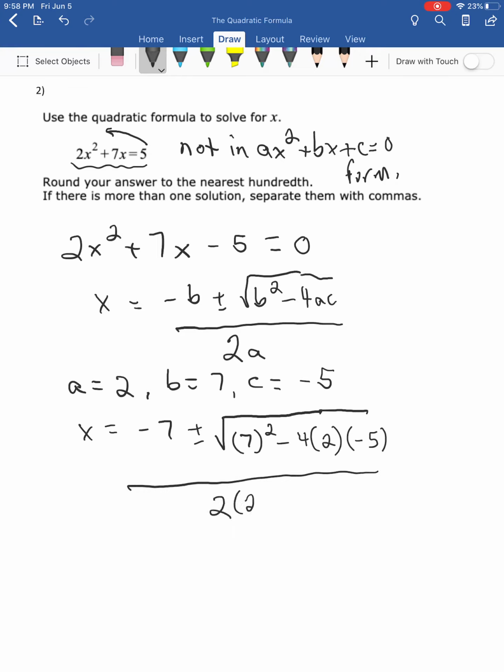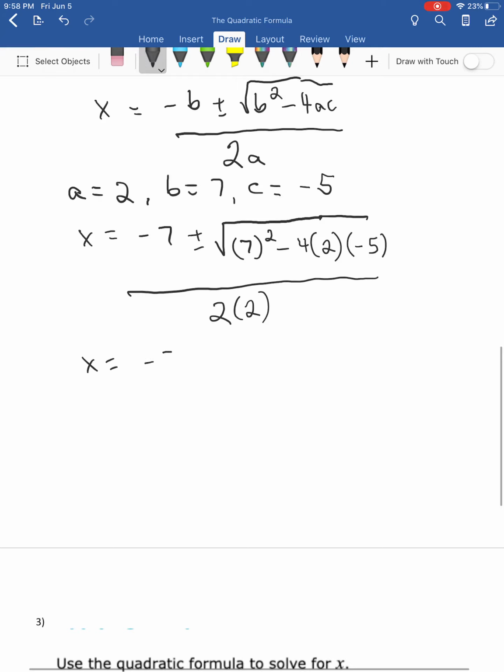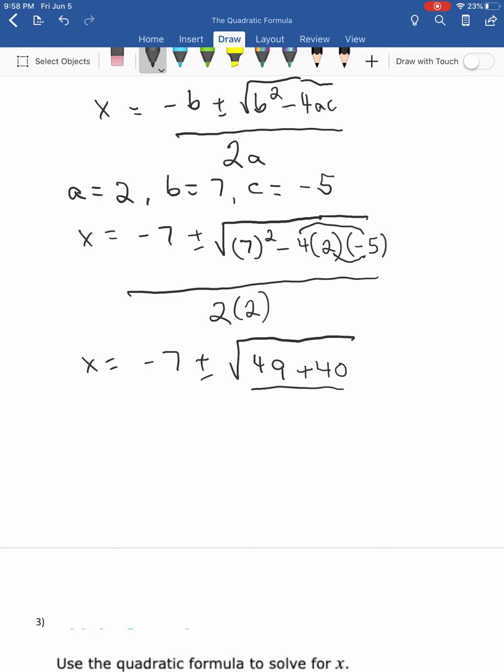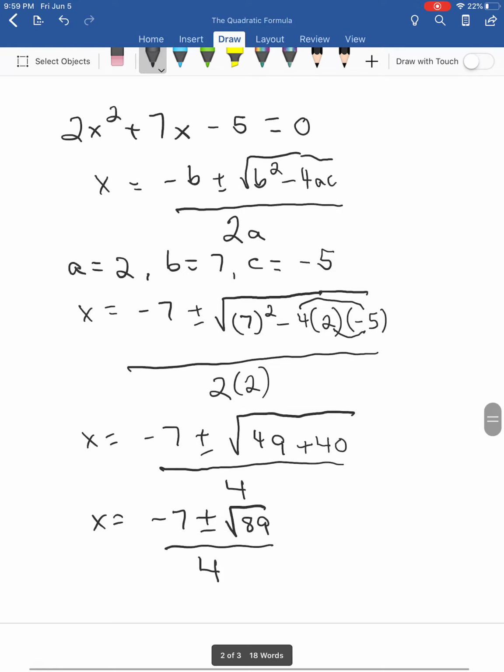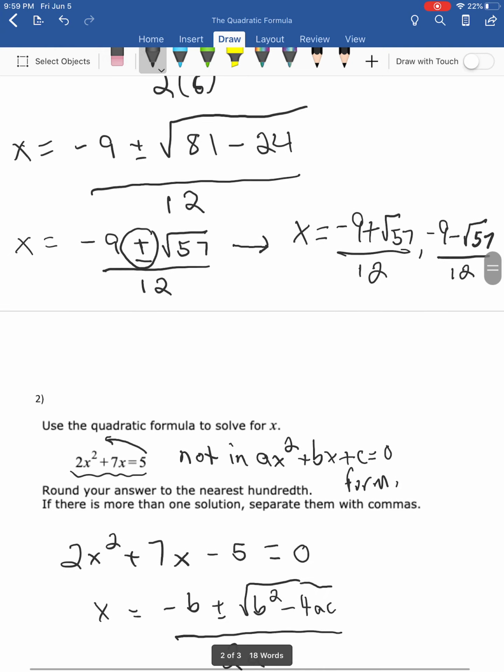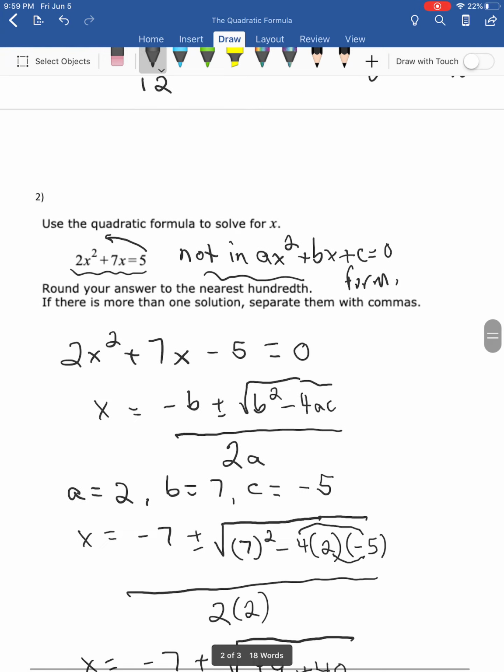So we have negative 7 plus or minus the square root of 49, and multiplying these out, negative 40 times negative gives plus 40, over 4. So x equals negative 7 plus or minus the square root of 89 over 4. Going back to the directions, it says nearest hundredth, so we need a decimal here.